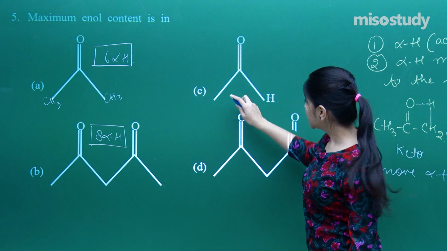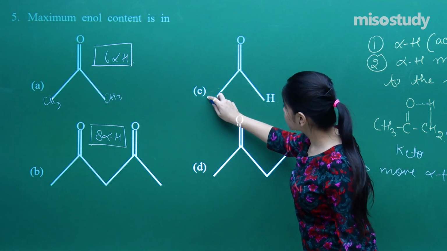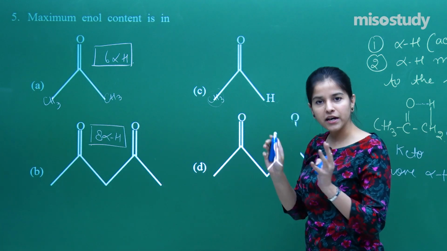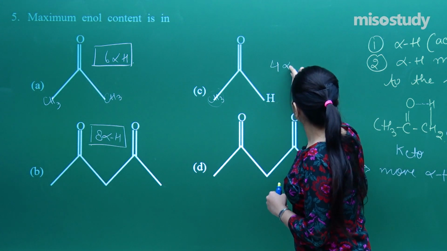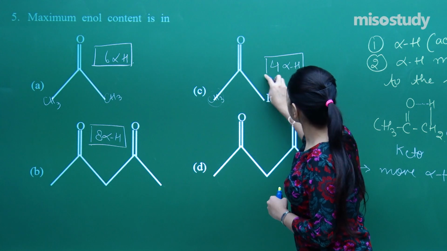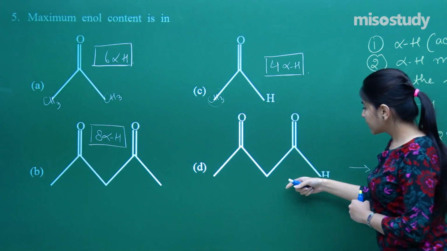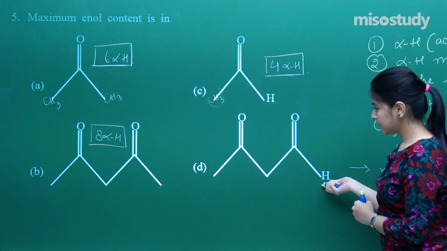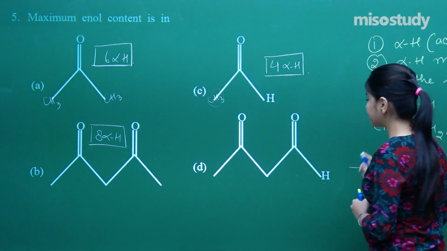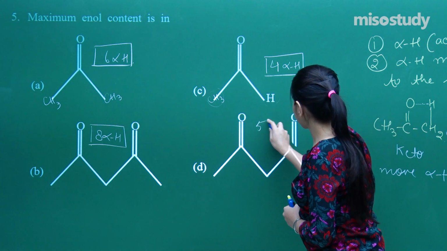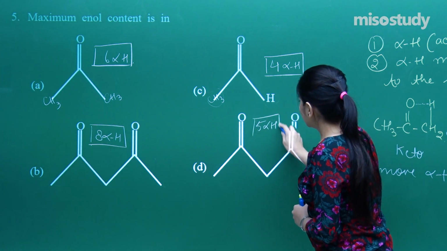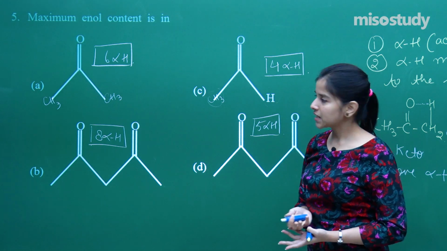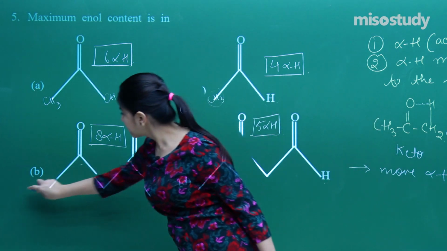So 3 from this side because this is methyl, and this 1 hydrogen, in total 4 alpha hydrogens. And over here 3, 2, 1. That means 4 and 5. I have got 5 alpha hydrogens. So as I told you, the more the number of alpha hydrogens, the more will be the enol content. So I have got my answer as B.